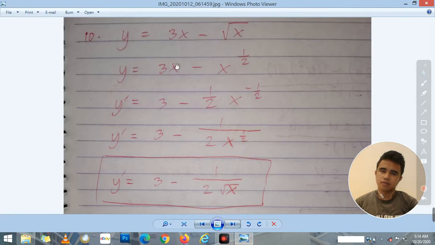That's why we have this 3x minus x raised to 1 half. Applying the derivative, okay, this is equal to 3 minus baba yung exponent 1 half. 1 half minus 1 is equal to negative 1 half. And simplifying second term, we have 1 over 2x raised to 1 half.